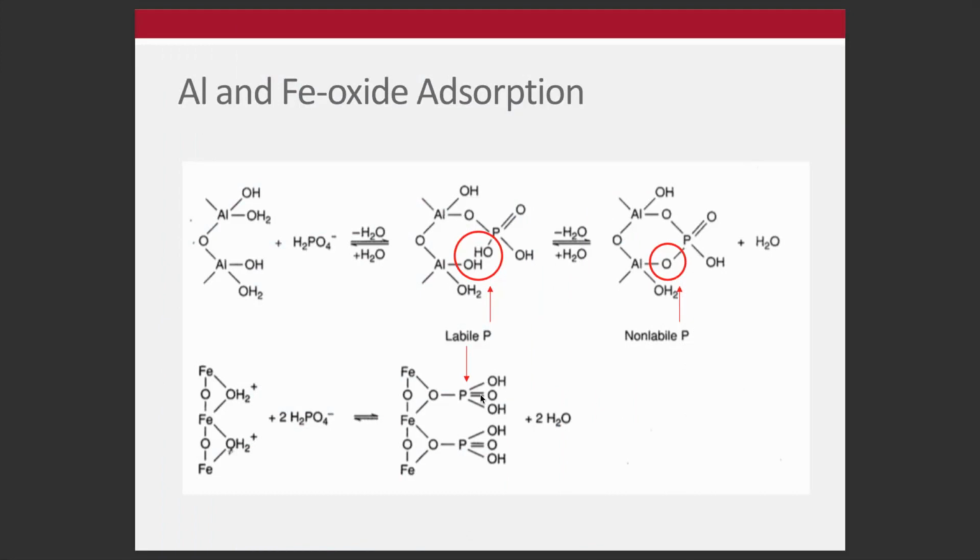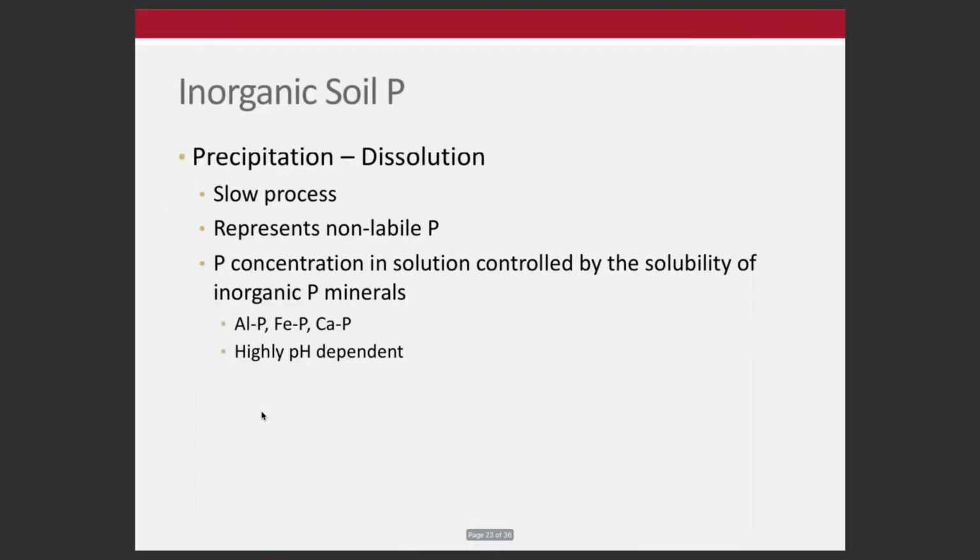We don't need to understand the reactions, but we need to understand that they often are interacting with these OH groups on clay surfaces, and that's what's binding them. And sometimes it really binds them and makes them very unavailable, and sometimes it just holds them there in an intermediate state.